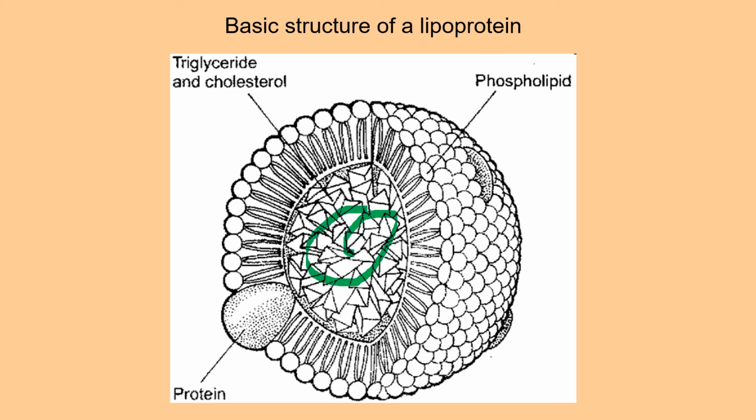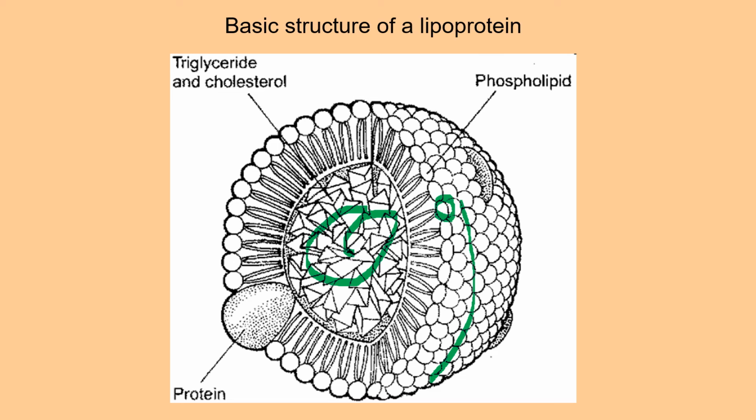And then surrounding that small droplet of lipid is a monolayer of phospholipids. And you remember that phospholipids are amphipathic. So each one of the heads is hydrophilic, and it is happily interacting with the surrounding water molecules.